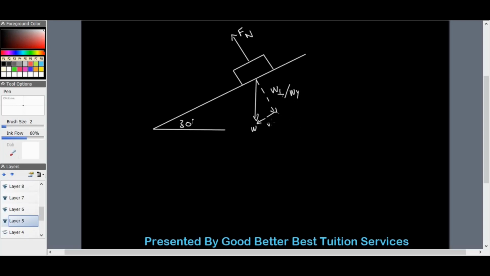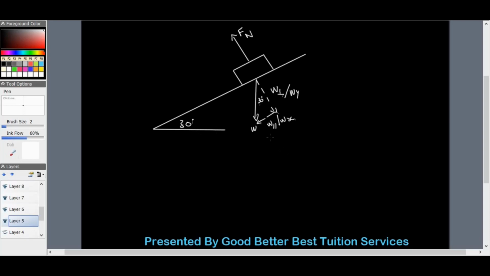And of course this would be Fg parallel, or in this case weight parallel, but they've asked us to label it as Wx. X is horizontal, Y is always vertical. And they asked us to label the 30-degree angle. Well, the 30-degree angle would be over here. That's why. Okay, so the 30 degrees that we see over here would be over here as well.